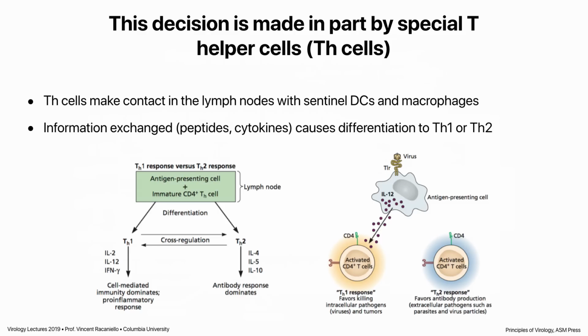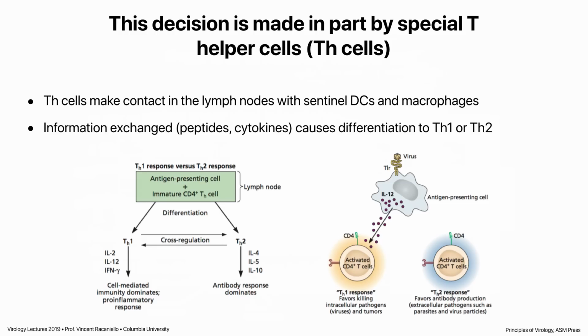Remember, the dendritic cell comes into the lymph node. It makes contacts with a variety of T and B cells. Among those are T helper cells, the CD4 positive T cells. And the information that is exchanged between the DC and the T helper and vice versa will determine what the T helper cell differentiates to become, a Th1 or a Th2 cell.